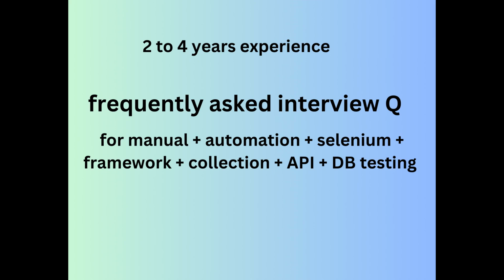And method overriding is when we have multiple classes, and under those classes we have the same method with the same parameters. That time we call it method overriding. Okay. Fine.